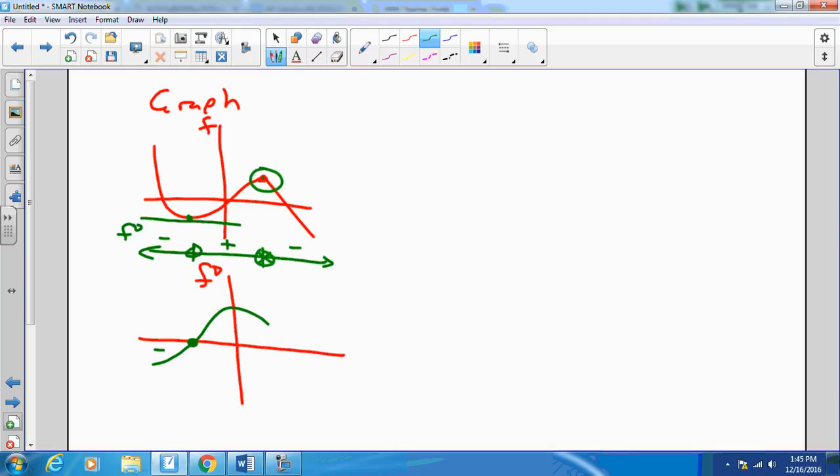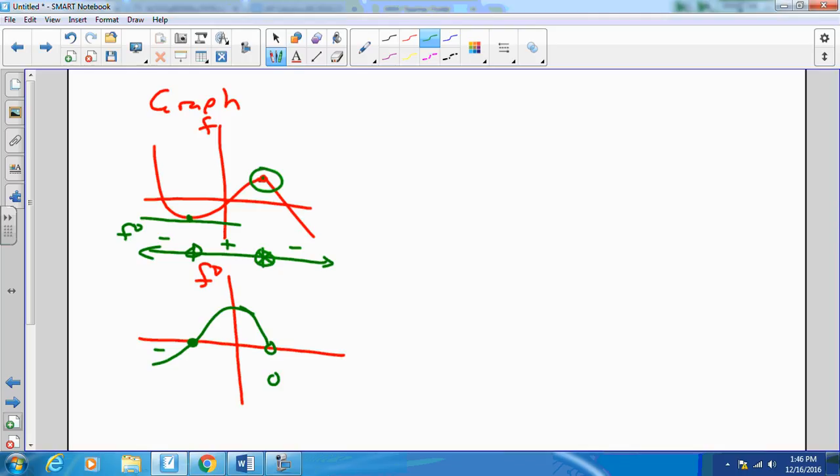Right at the point where f has a sharp corner, f prime abruptly changes values, because the derivative from the left has one value, and the derivative from the right has a different value. And so on the graph here, my derivative, f prime, will have a jump discontinuity because f has a corner.